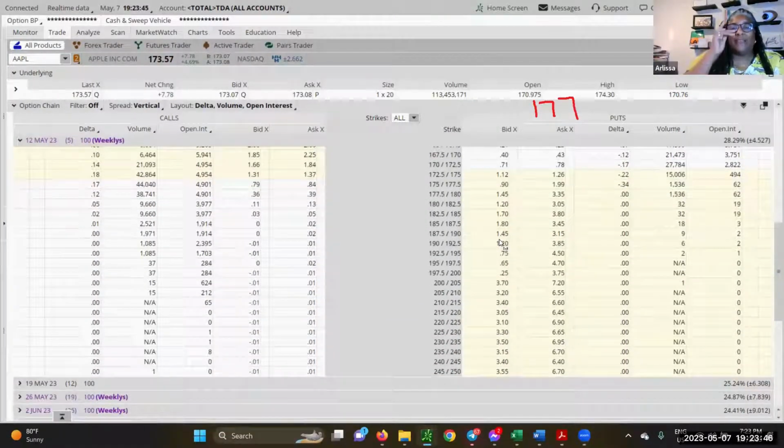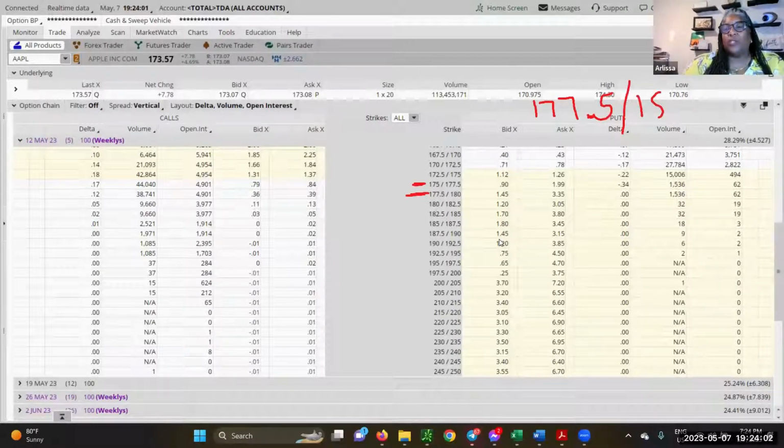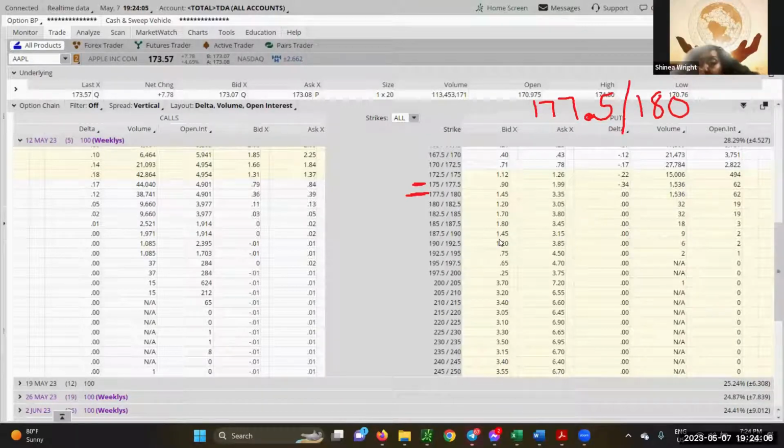You want above 176. Do you see here? You've got 175 as a choice, which is too low. The next one up is 177.5. So you end up with 177.5/180.